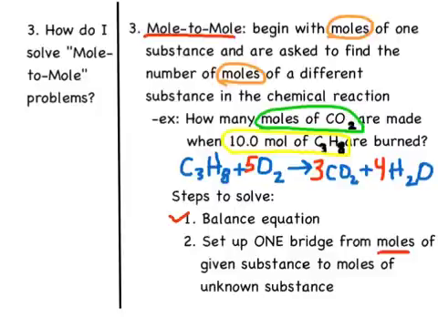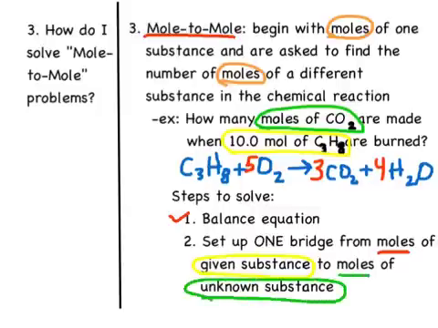That's what you're given in the question. So in the question, we're given what's highlighted in yellow there, 10 moles of C3H8. So we're going to have a bridge going from moles of C3H8 to moles of your unknown substance.